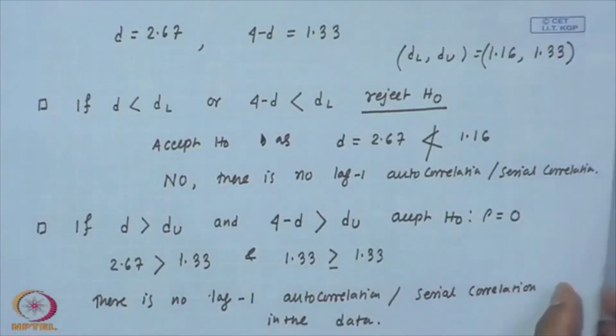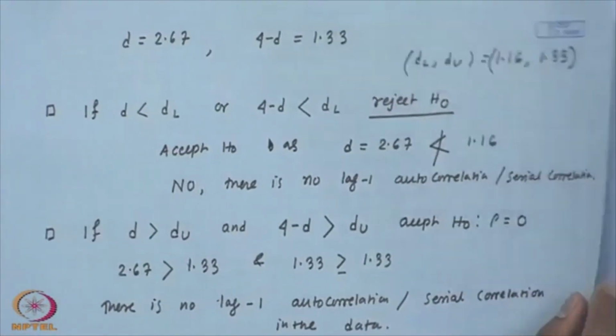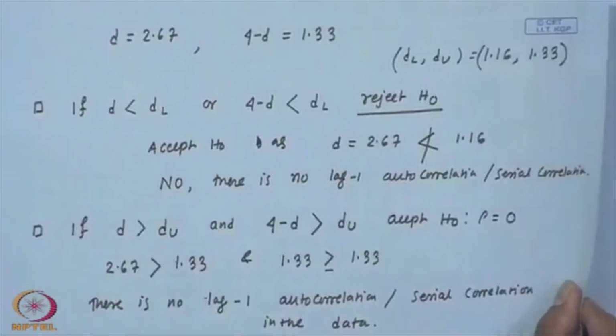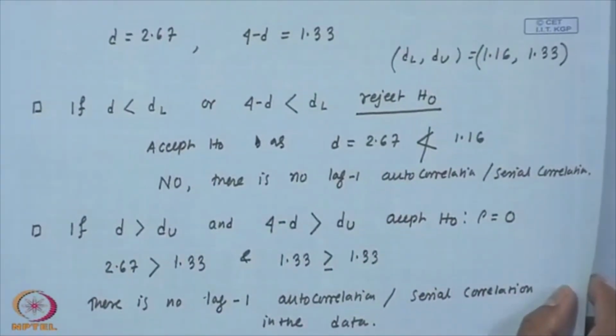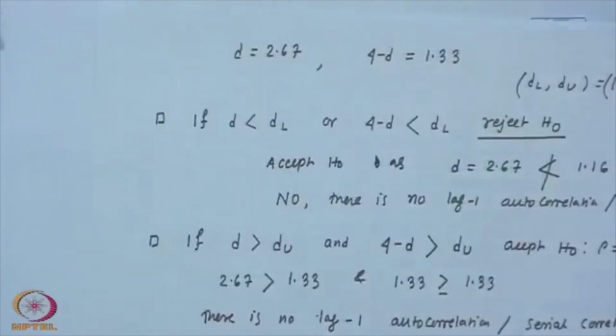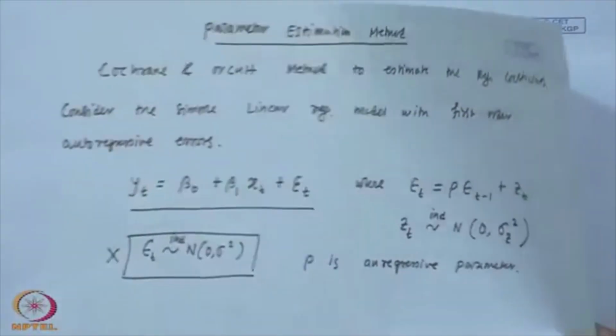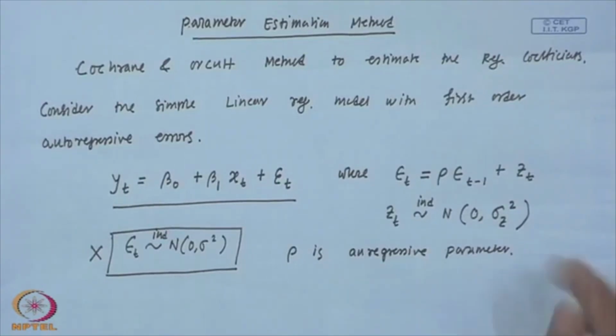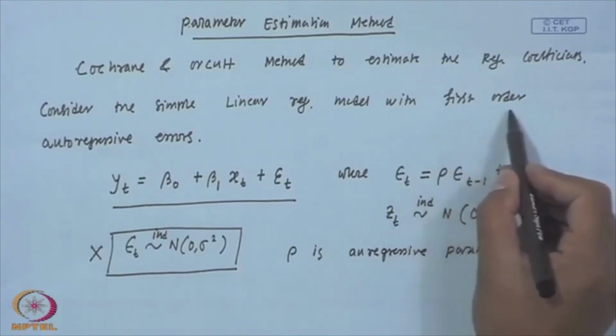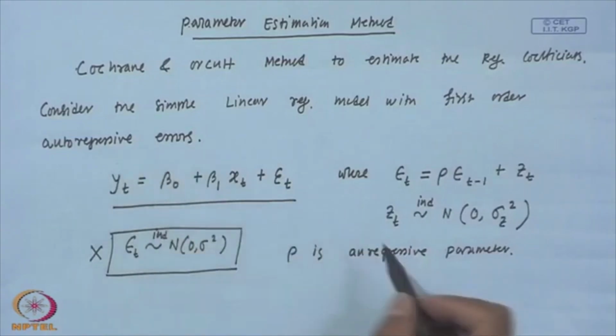Well, so we talked about this problem, and still we have some time. So we can recall the parameter estimation technique in the existence of first order autoregressive errors.